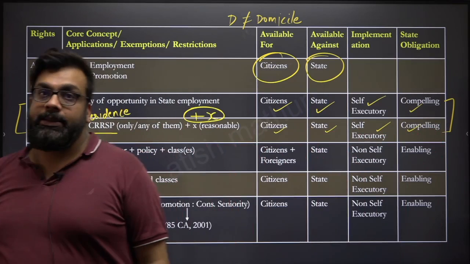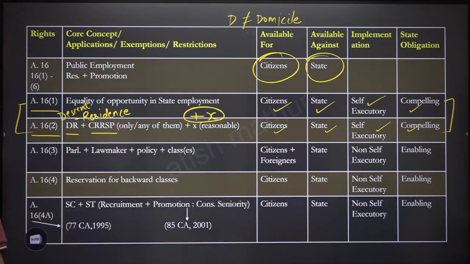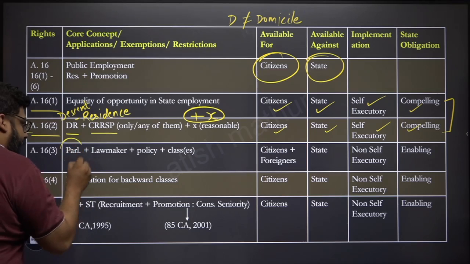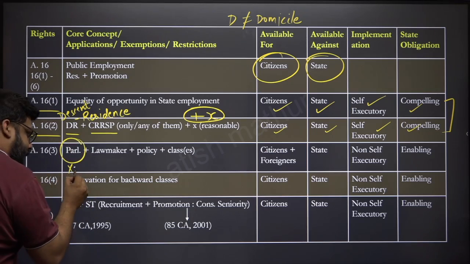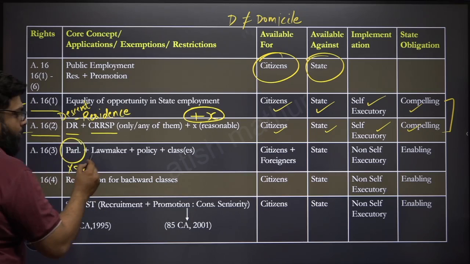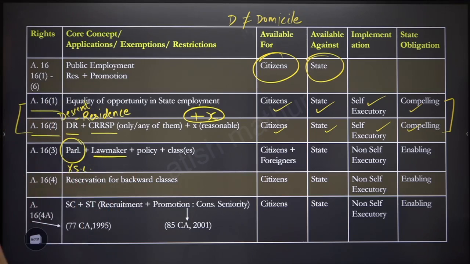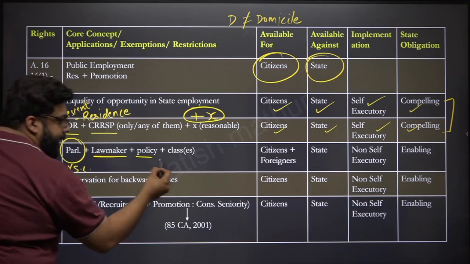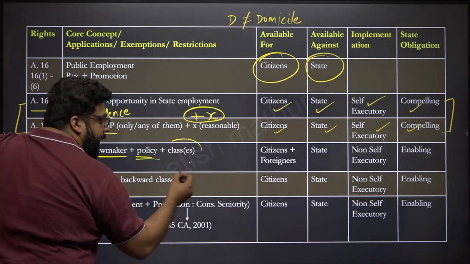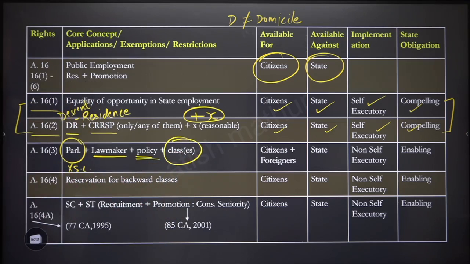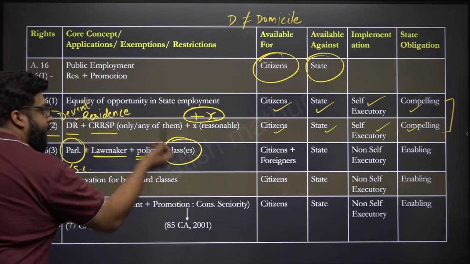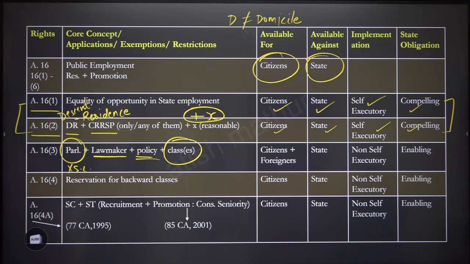Now comes Article 16 Clause 3, which is very interesting. Article 16 Clause 3 says, it is the Parliament, not the state legislatures, who have the powers to make a law on a policy with regards to class or classes of employment. And it is only the Parliament which can do this, right?